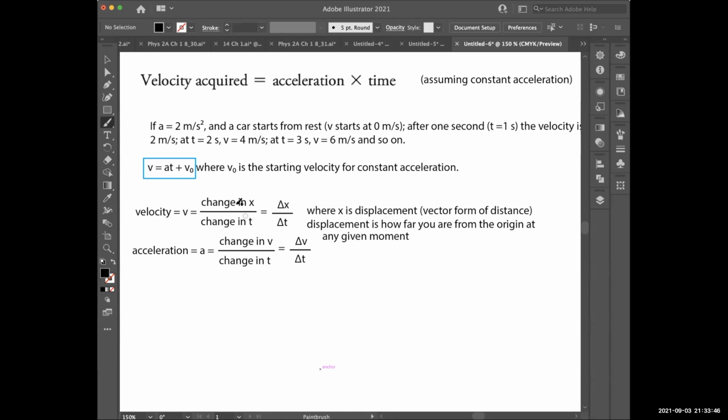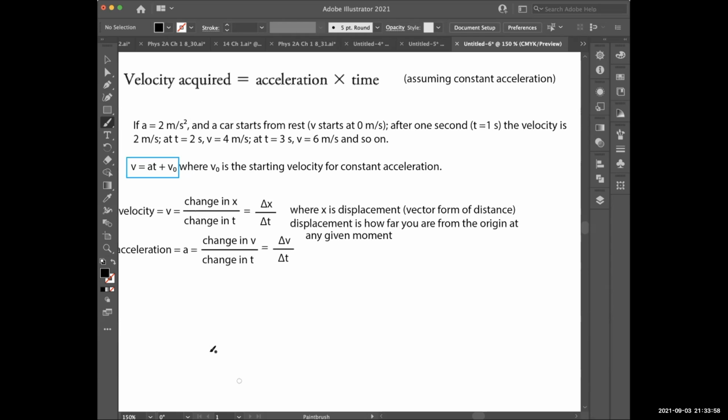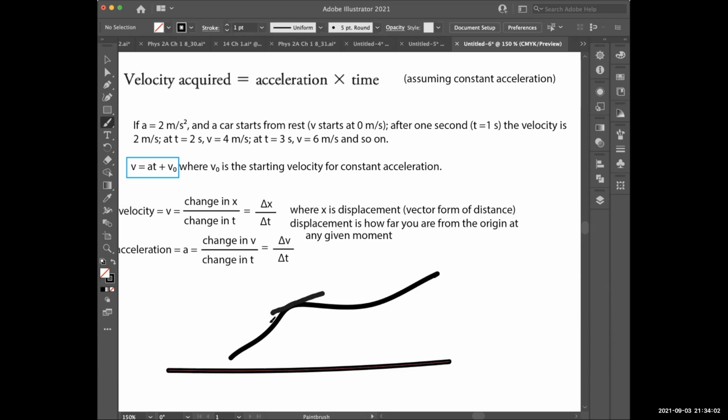So what we're doing here, technically, is like the slope. And instantaneous velocity is the instantaneous slope, what it is at a certain point. So if you had this curve right here, what's the slope right here versus the slope between 2 points?